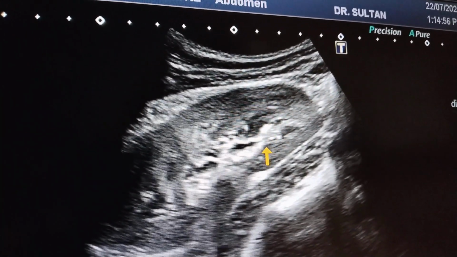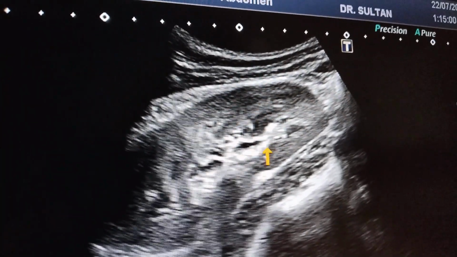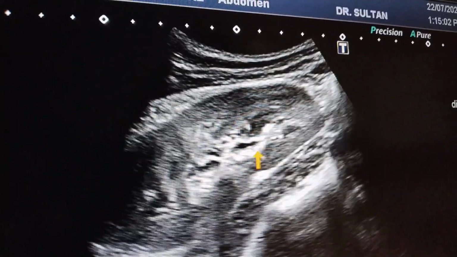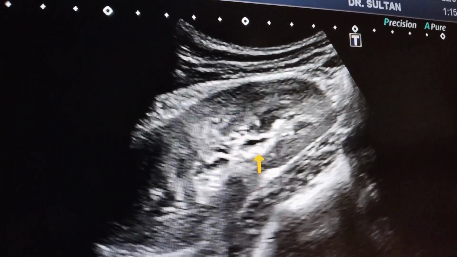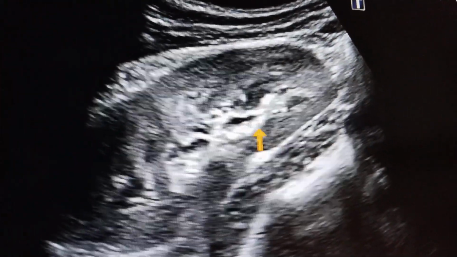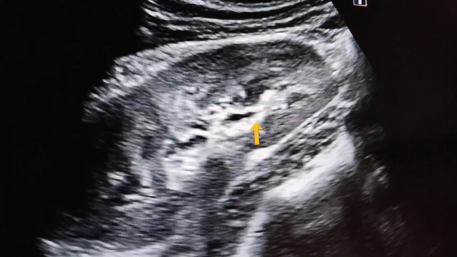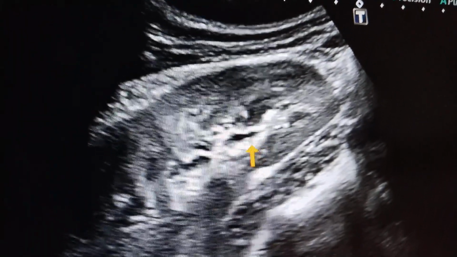And we have seen that when we put the color, these are the sinus fat. This is also an echogenic focus. This is also an echogenic focus. But we can appreciate that these echogenic foci are continuing with another focus, another focus. These are not discrete.